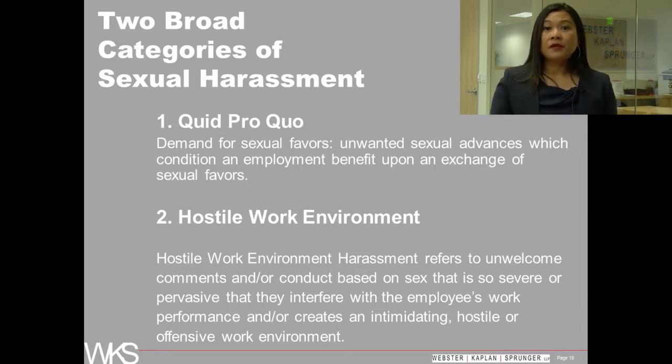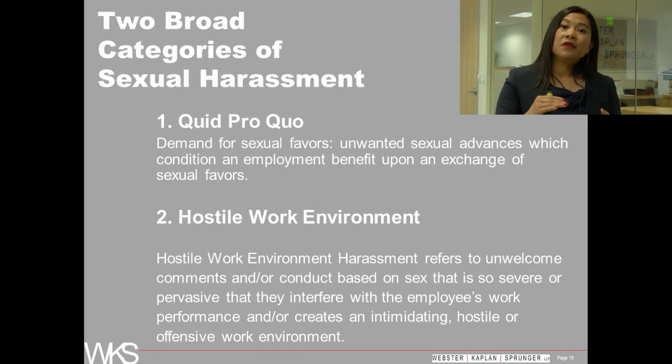So think about the scenario, for example, of the supervisor who is receiving massages from the assistant. If the supervisor were to communicate to that assistant, "Hey, you know what? I really would like to take you out on a date. I really want you to give me these massages. And in exchange for that, I'm going to give you a really great review. I'm going to give you a promotion.